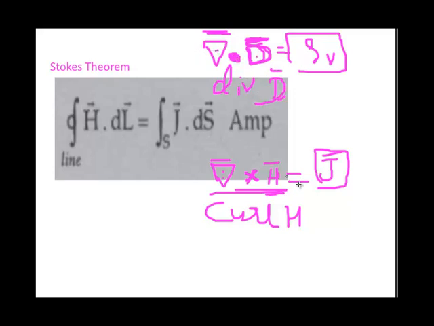Curl of H is differentiating H with the differential operator and cross product. So this is the difference between these two operators.